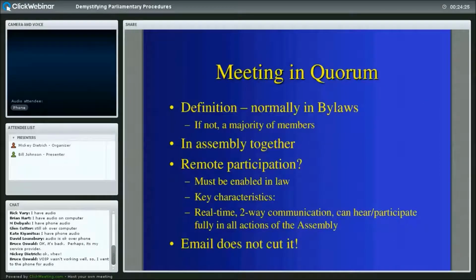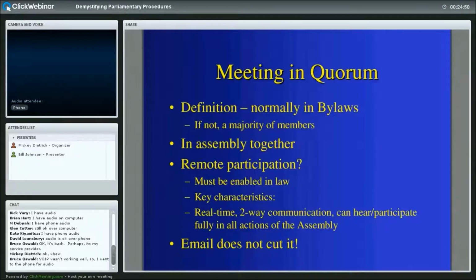Okay. Next thing is, when you're having a deliberative assembly, bylaws almost always specify that the meeting can only occur when there is a quorum, that is a minimum number of members present. And that's something that the bylaws typically specify. It's very often a majority of the members, but it could be some other number.